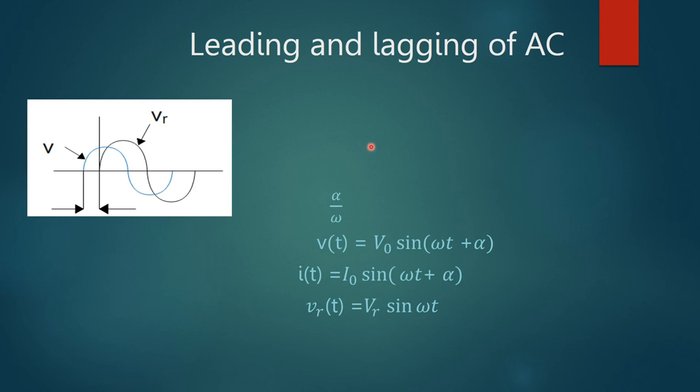A sinusoidal quantity is a quantity whose time variation is represented by a sine wave. The general expression for a sinusoidal voltage waveform is v(t) equal to V0 sin(omega t plus alpha).